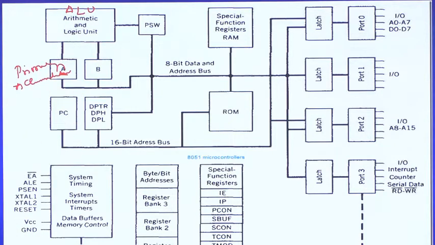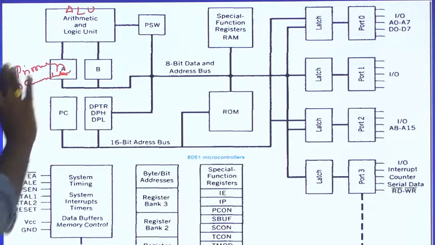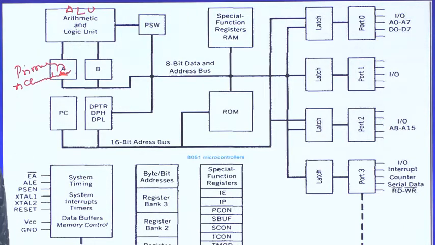To do arithmetic and logical operations using the ALU in this 8051, definitely this register is involved. That means before the operation by the ALU, one operand is provided by this register to the ALU, and after completion of the operation, the result is stored again into the A register itself, the accumulator register. So its size is 8 bits.